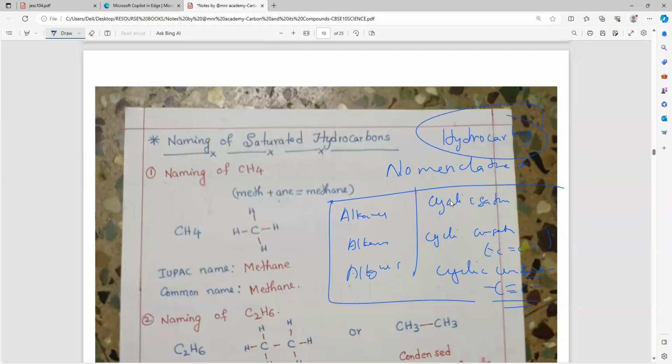There is a prefix and a suffix that you have to add to the words. How to name saturated hydrocarbons and unsaturated hydrocarbons, all these things we'll study in coming classes. After that, we'll discuss isomers, but it is not necessary now.